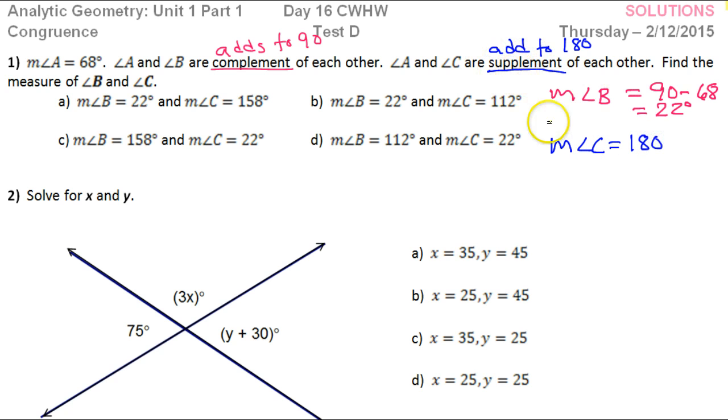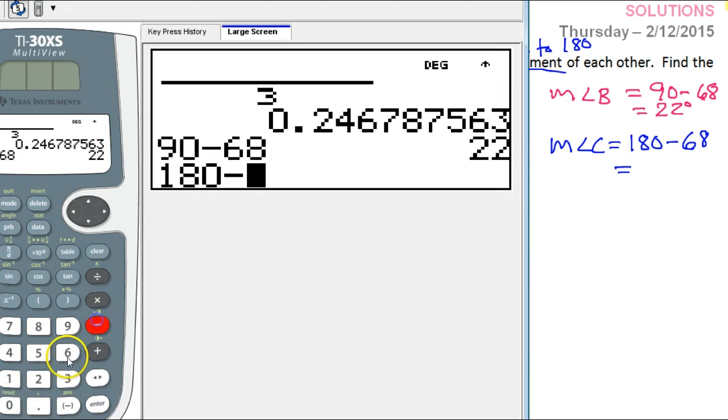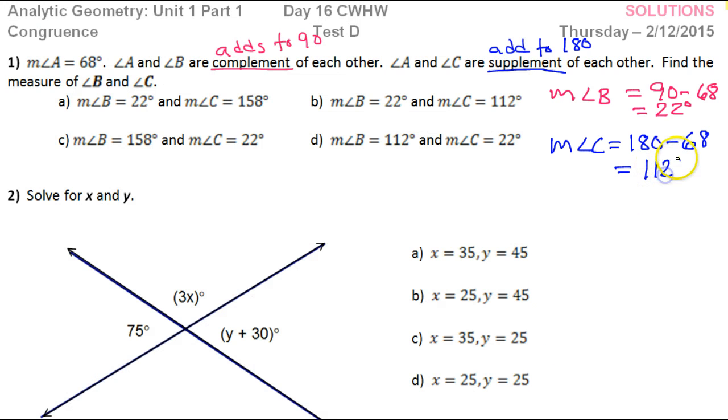So 180 minus 68 should give me the measure of angle C, and that's 112. So B is 22, C is 112. 22, 158? No. 22, 112? Yes. So that's why the answer is B.